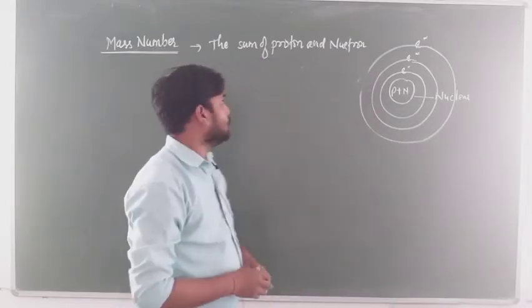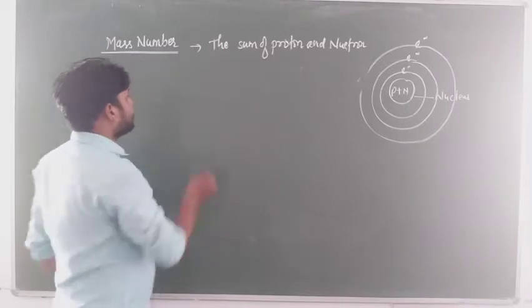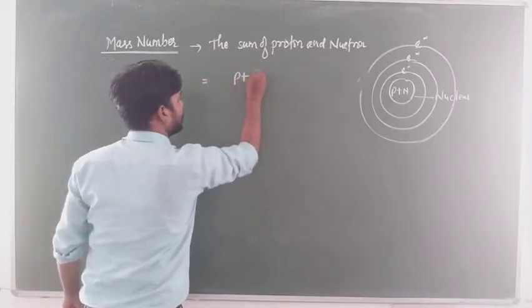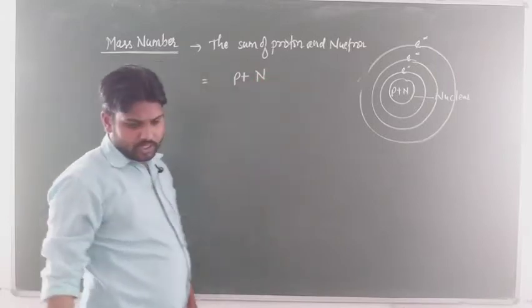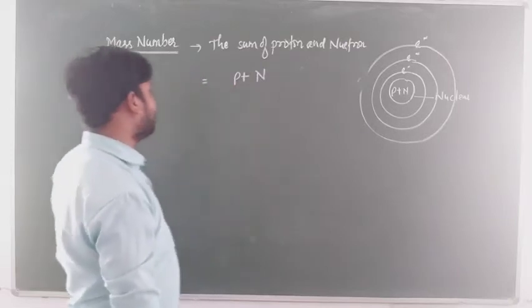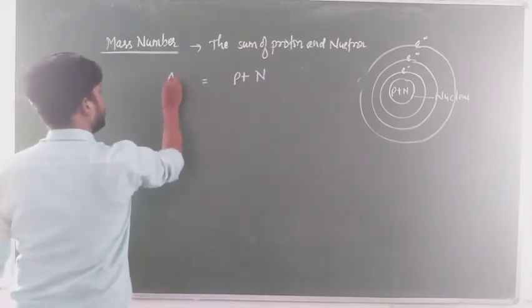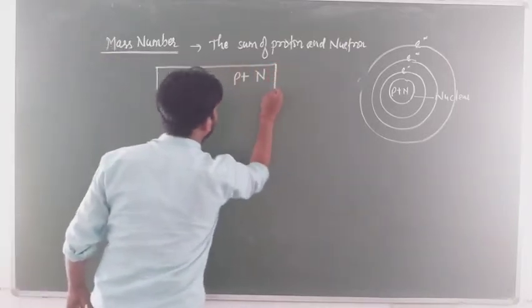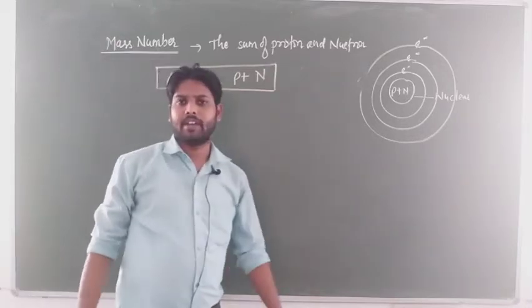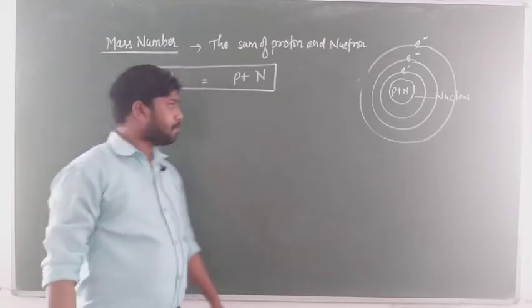Clear, students? So we can write mass number is equal to proton and neutron. And mass number is always represented by the alphabet A. So the formula will be A is equal to P plus N. Clear, students?